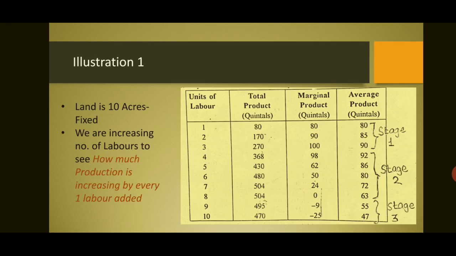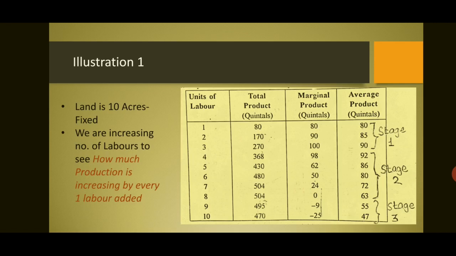I think you all have studied the marginal utility concept, law of diminishing marginal utility, that if you are consuming one apple, you get a full satisfaction. Then you are going to consume another apple. Then you are going to consume a third apple. So with every apple added, your utility is satisfied, and at the point of time your utility becomes zero, that is you are fully satisfied.